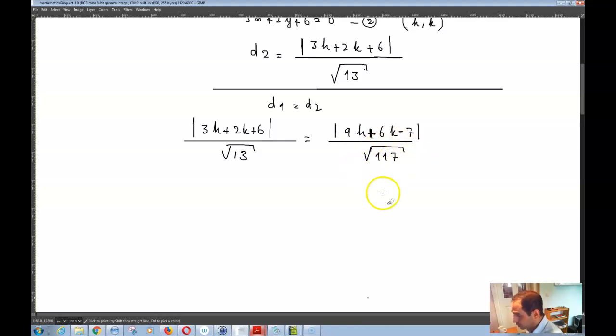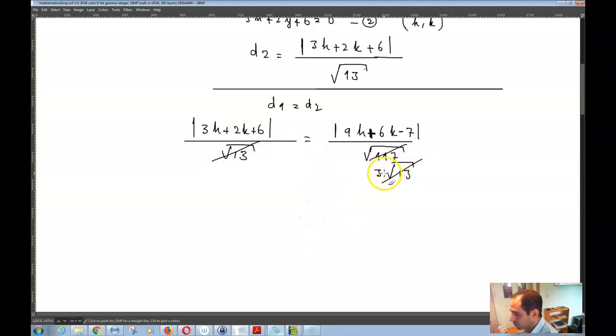I think 117 is divisible by 3: 117 divided by 3 is 39, and 39 divided by 3 is 13. So that's 3 square root of 13. So you can write this as 3 times the square root of 13, and then the square roots of 13 cancel out.